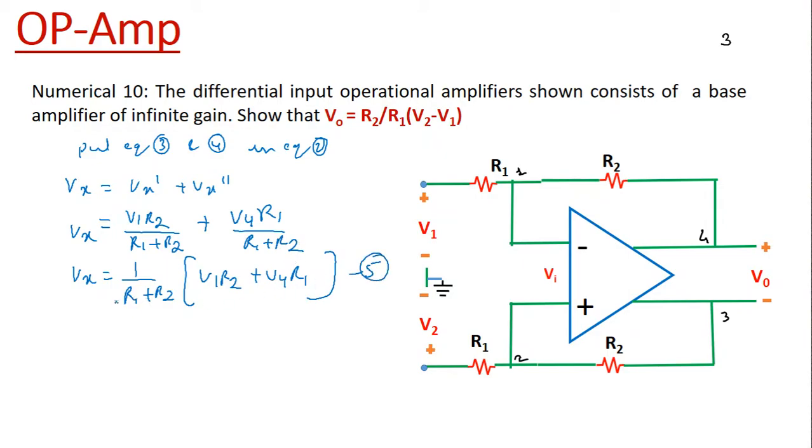Now for finding out Vy, Vy is due to two voltages, that is V2 and V3. This node voltage is V3. So we apply superposition theorem.